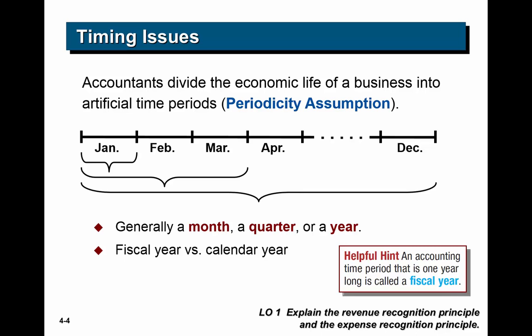And so we have created artificial periods of time to help us keep track of life. When the earth goes around the sun, we call that a year. When the earth revolves once, we call that a day. And so we've carried that over into accounting. Generally speaking, we work in periods of months, quarters, and years. There are exceptions to that, but those are the normal periods that we break accounting information into.